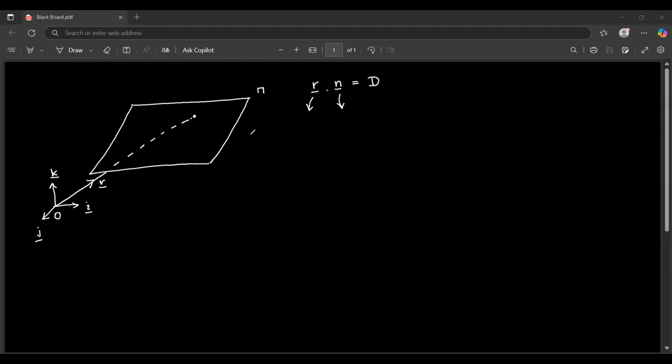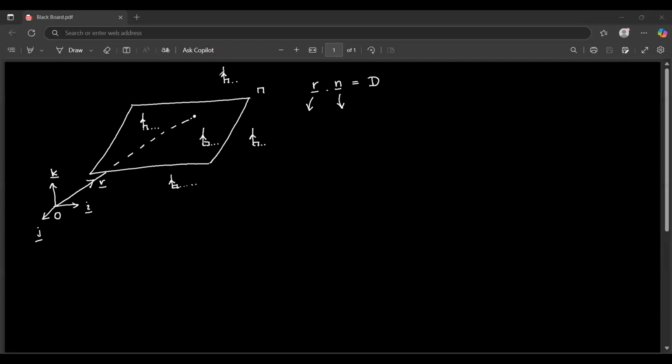It can be here, here, or here. It doesn't matter as long as it is perpendicular to the given plane. We know the plane is infinite, so even though I have drawn only until here, the plane also expands further.